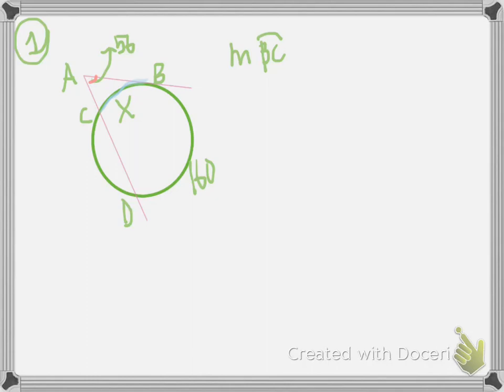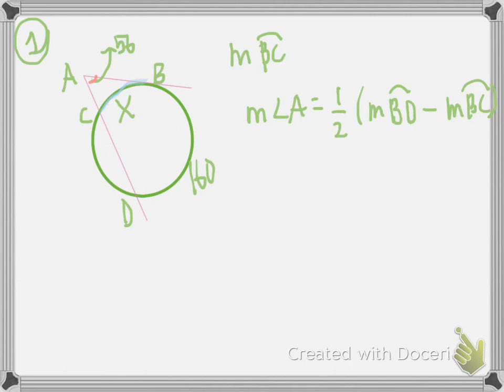So the measure of angle A is going to be equal to 1/2 the measure of the arc BD, can't get my D's and Z's right today, minus the measure of the arc BC.